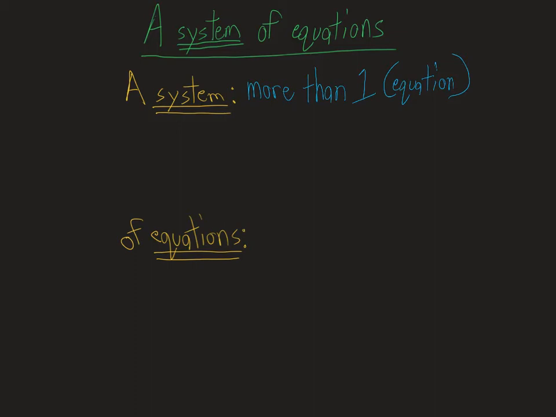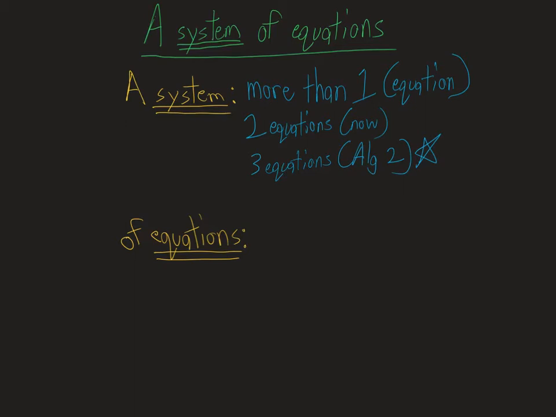Right now, we're going to be dealing with systems that have two equations. And when you guys get to Algebra 2 later, you'll be dealing with systems of equations that have three equations. I bet you're looking forward to that. These bad boys literally take an entire piece of paper to do one problem.